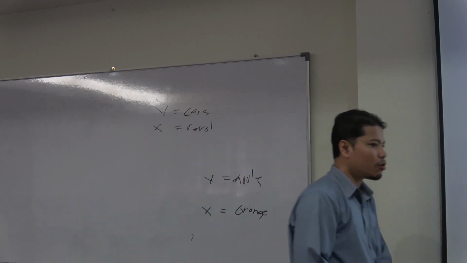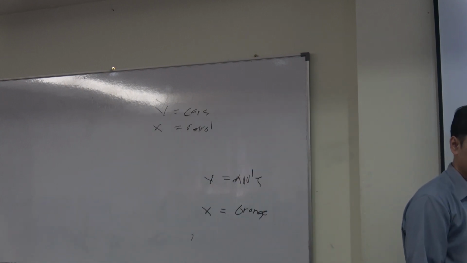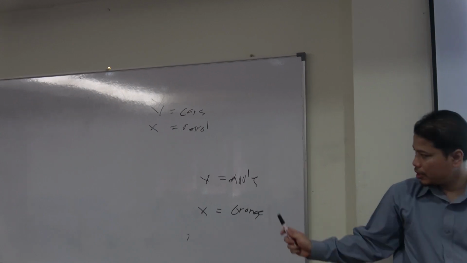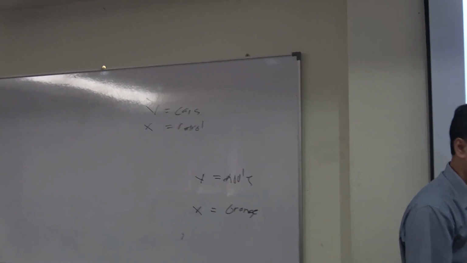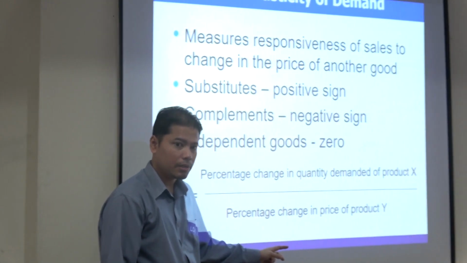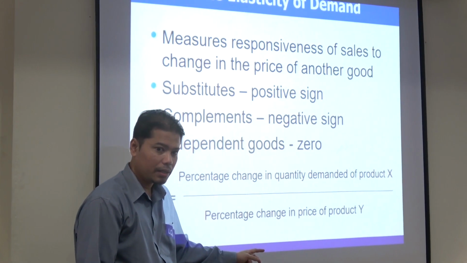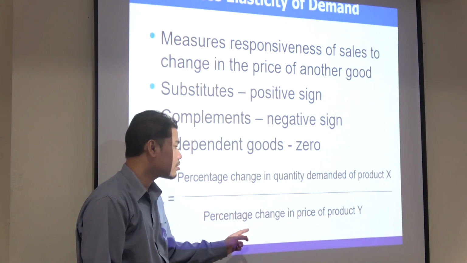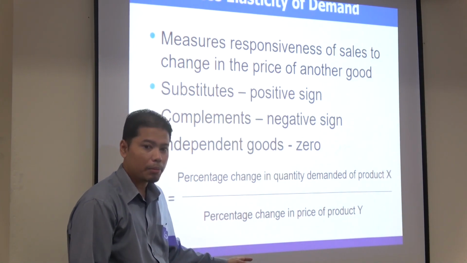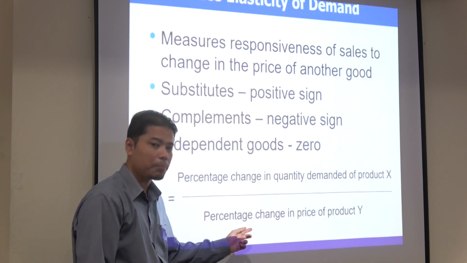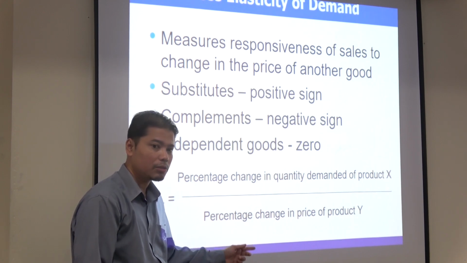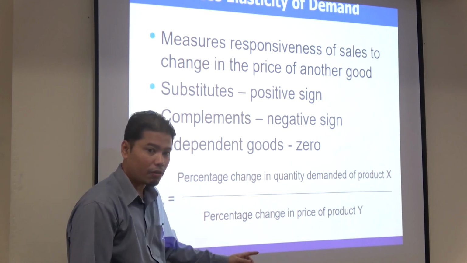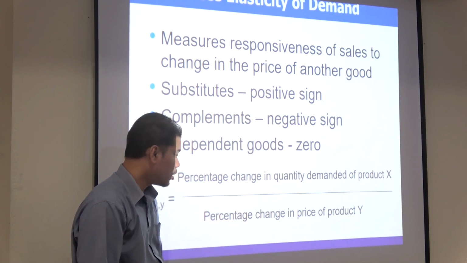What happens if the price of Y increases? The price of apple increases. Will people buy more apple or less apple? People will buy less apple. But since orange is a substitute to apple, people will turn to buy more oranges, less of apple and more of orange.